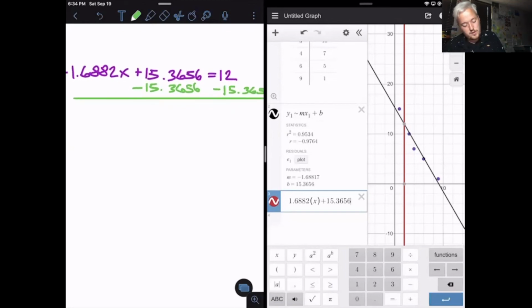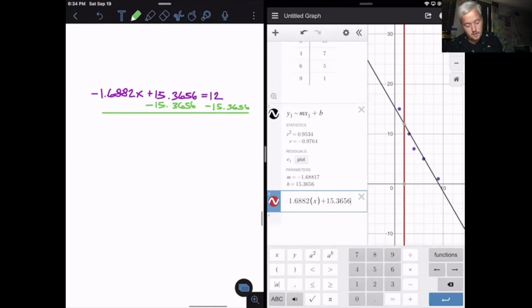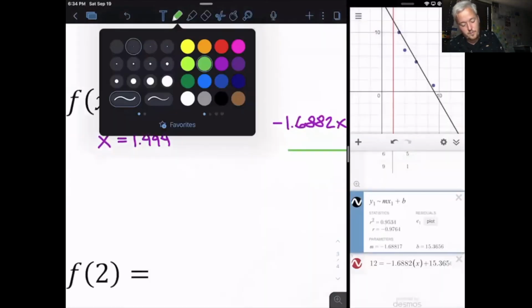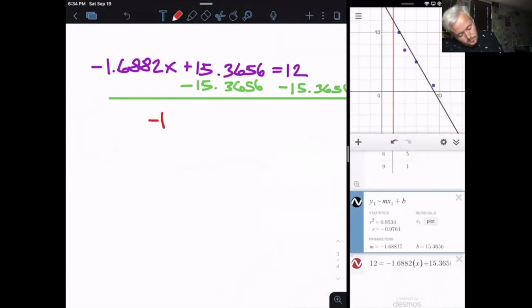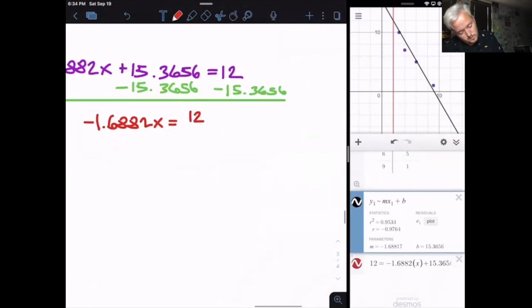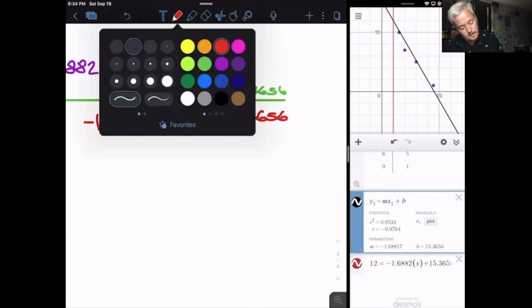Okay, so I'm going to do what I call my lazy math. I'm going to write it out, but not actually solve it until the very end. So I'm going to write negative 1.6882x equals 12 minus 15.3656. And then I want to divide both sides.